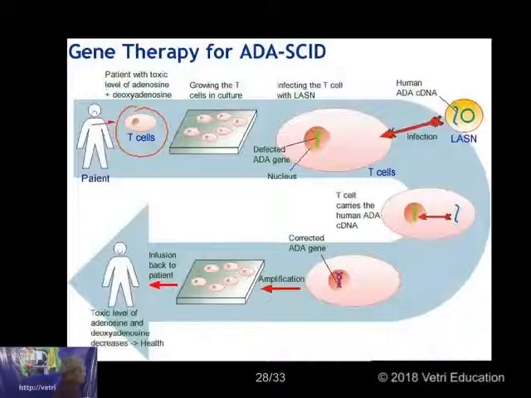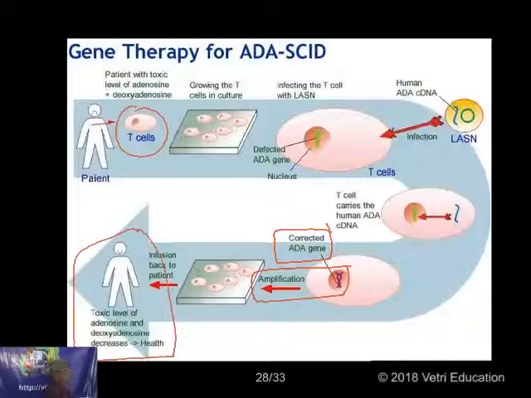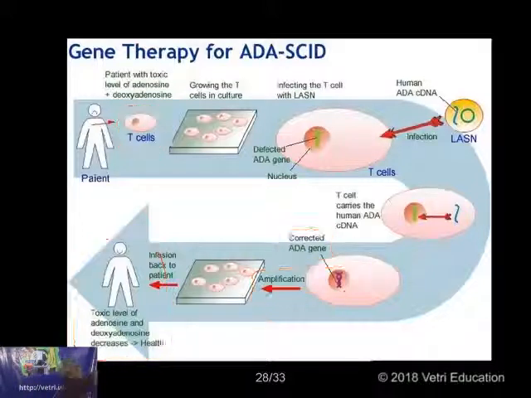This is a corrected ADA gene, and this corrected ADA gene is made to amplify, and then these amplified cells are infused back into the patient. So now this man is not suffering from ADA. The genes are taken, corrected, and then introduced into the man once again, so that he is not suffering from the disease anymore.